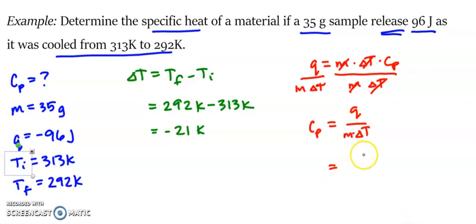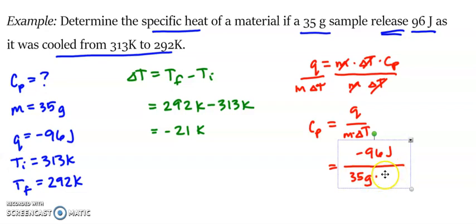So I've got negative 96 joules divided by 35 grams and negative 21 Kelvin. Make sure you know that these two on the bottom, you either need to put them in parentheses or you need to divide by both numbers.